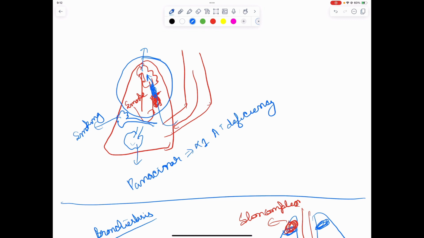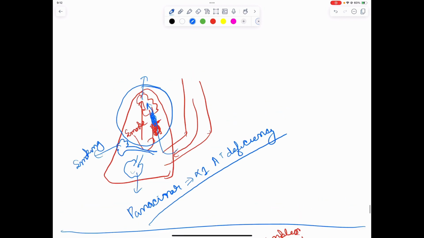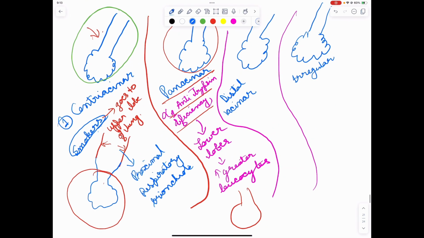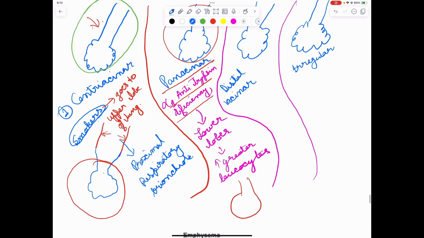But on the other hand, what about pan-acinar emphysema? Why is alpha-1 antitrypsin deficiency responsible for causing pan-acinar emphysema? Remember that alpha-1 antitrypsin is responsible for inactivating the substances that cause tissue destruction. So this occurs more commonly in the lower part of the lungs, that is the lower lobes. Why so? Because there is a greater number of leukocytes because of greater perfusion.